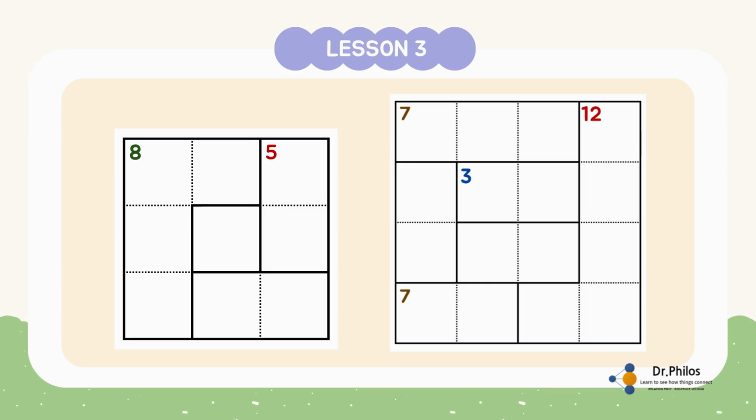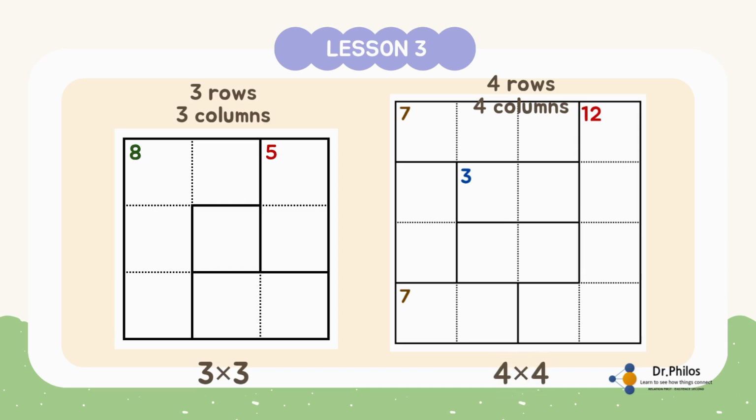Can you be more specific? The left one is 3 rows and 3 columns, and the right one is 4 rows and 4 columns. What changes when it becomes 4 rows and 4 columns? The numbers going into a line are 1, 2, 3, and 4. Now 4 goes in too.